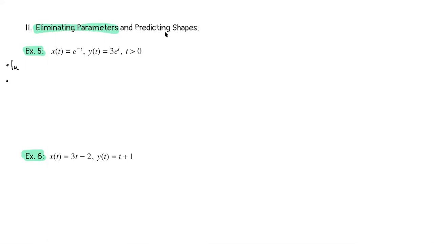Why square roots? Just a shot in the dark. Could you multiply by e to the t? Multiplying all the sides by e to the t? Yeah. And how would that help? I was thinking of 1 over e to the t multiplied by e to the t would just equal 1, and then you would have 3e to the 2t.